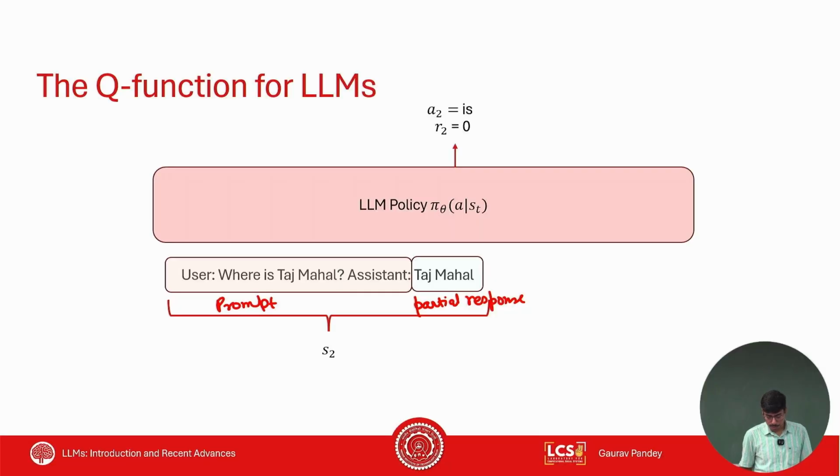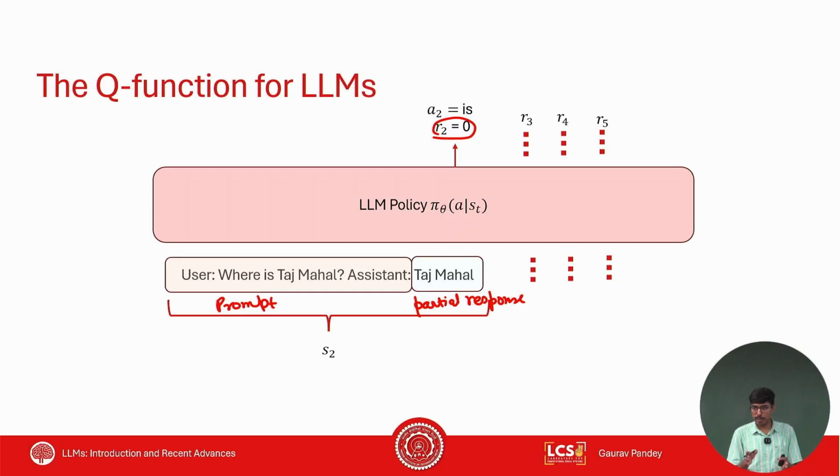Now the Q function is the reward, this quantity. You continue from this point. After you feed it, you will get some other output and keep on doing this, feeding the tokens step by step. Whatever reward you get, you accumulate it, and if you do this multiple times and average, that will be your Q function.